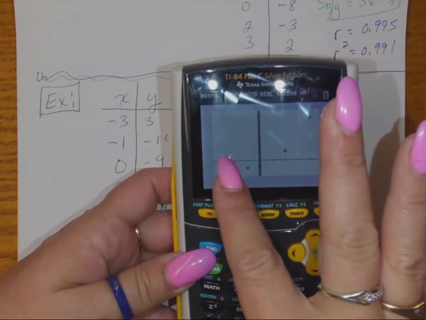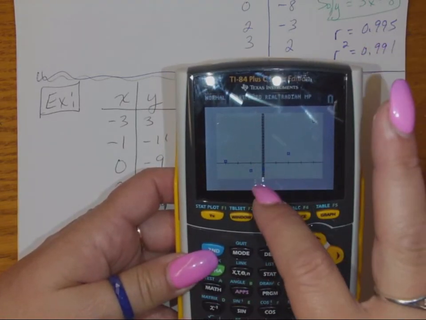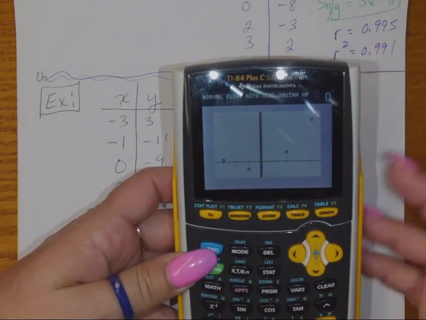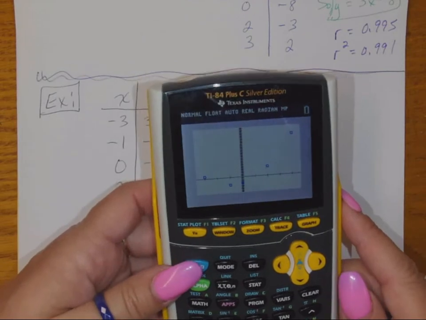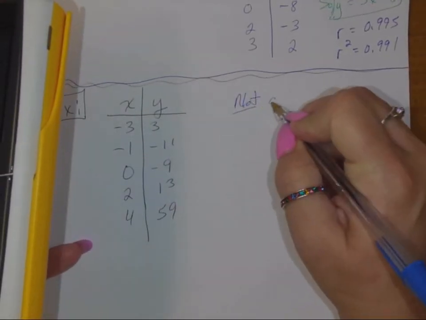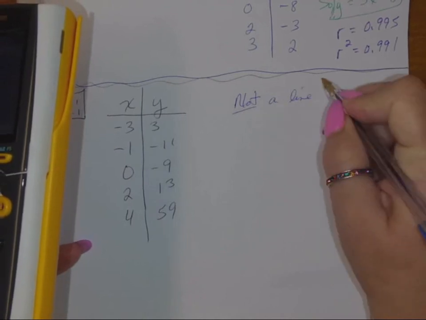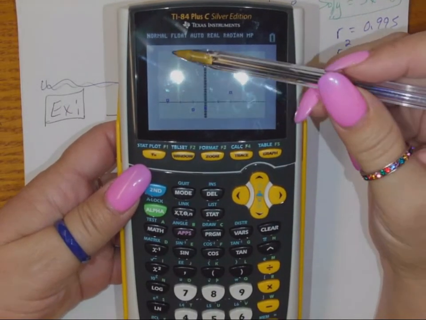So yeah, it looks like it comes down and then it comes back up and hits that y-axis there, and then it comes on up, okay? So I'm going to take a wild guess. This is not a linear equation, okay? Not a line. But it does look kind of like a parabola, right?